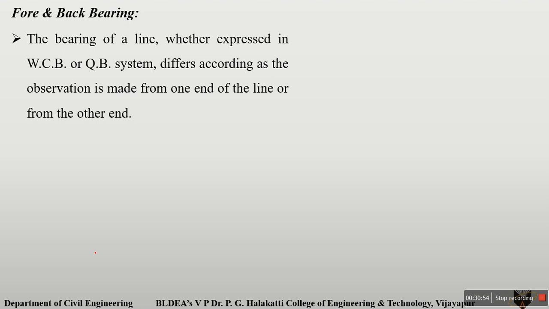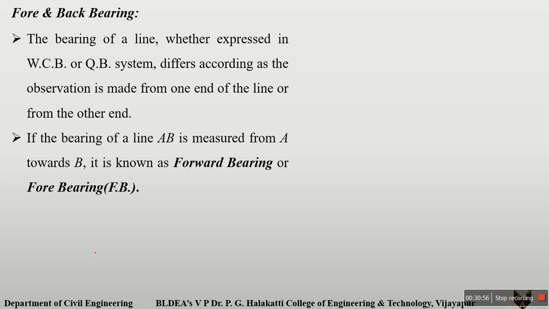So first we discuss the meaning of forebearing. If the bearing of a line AB is measured from A towards B, it is known as forward bearing. A towards B means what?